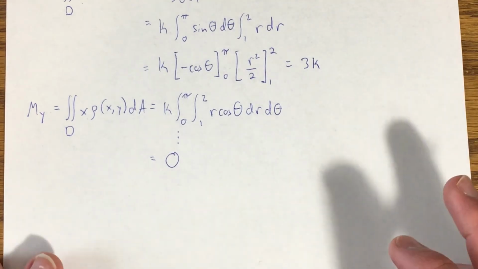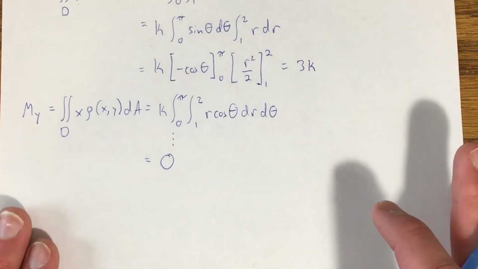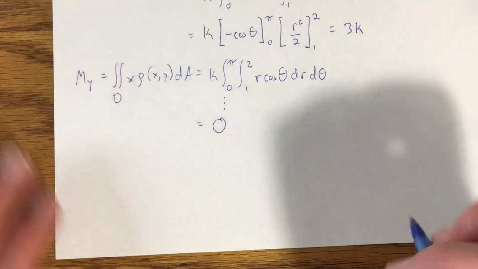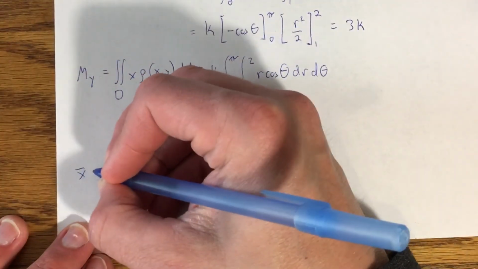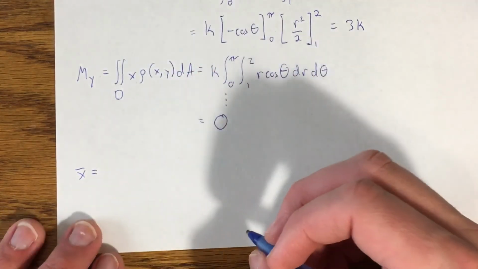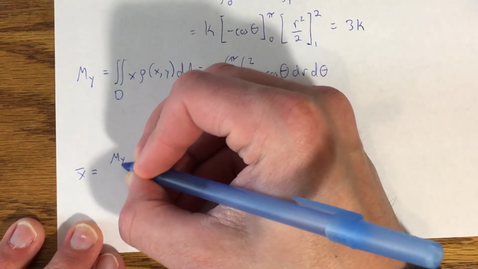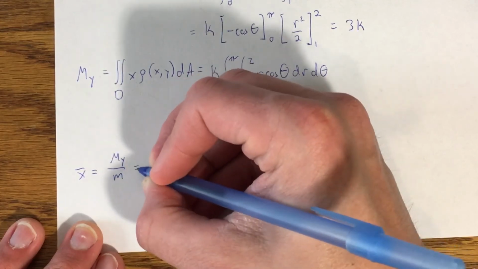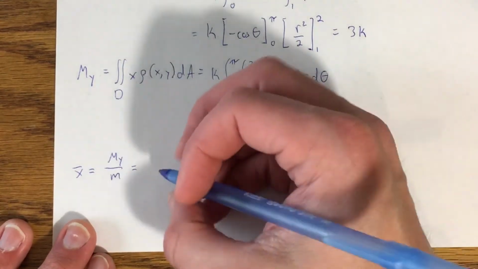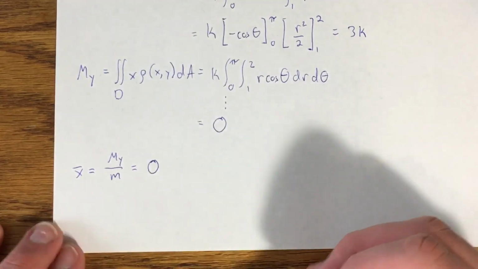Now all that's left for us to do is to use these quantities to get our center of mass. So my center of mass has x coordinate equal to x bar, which we find from doing my over m, which in this case my is 0, so it doesn't matter what m is, that's just 0.